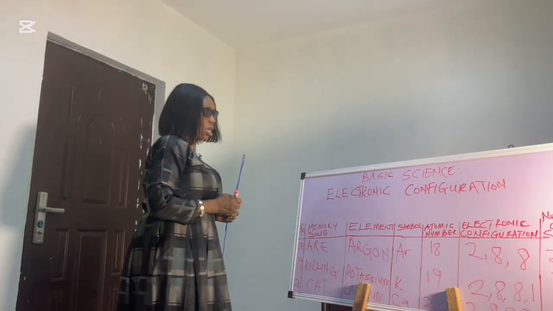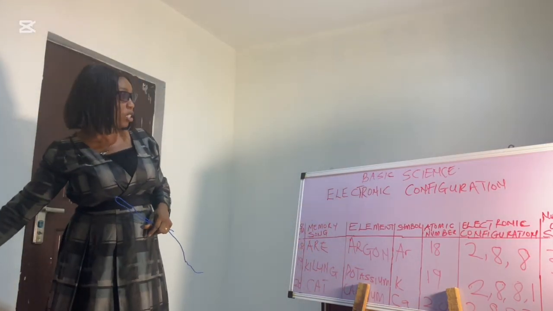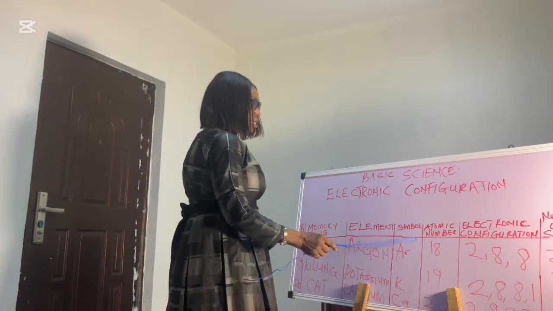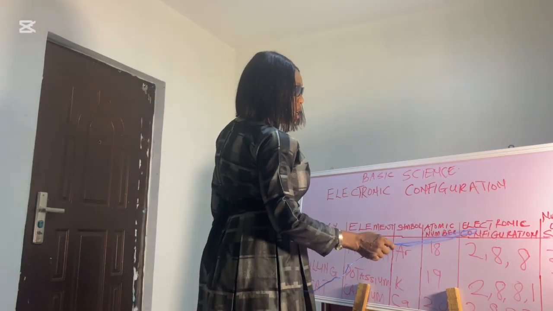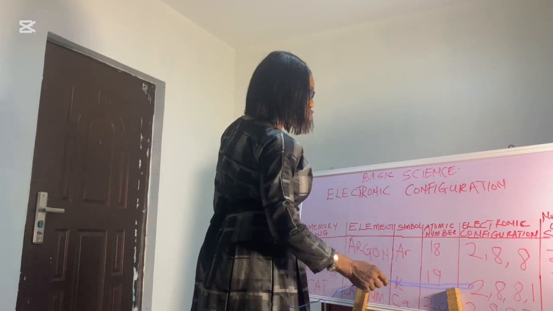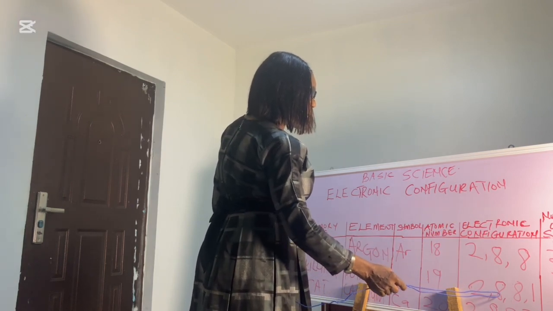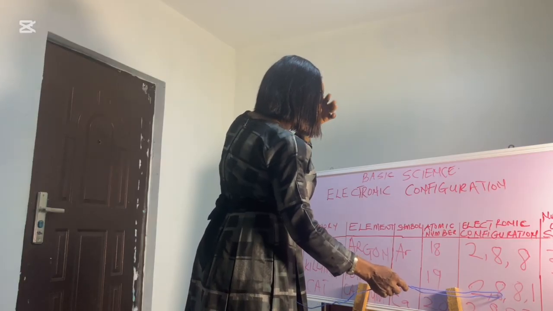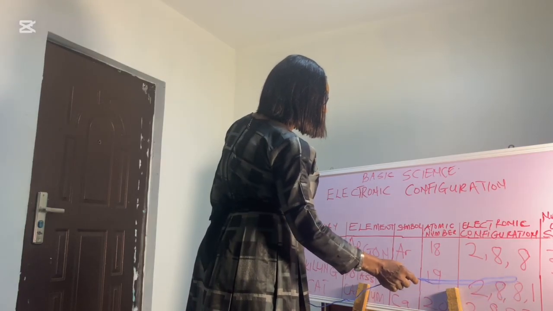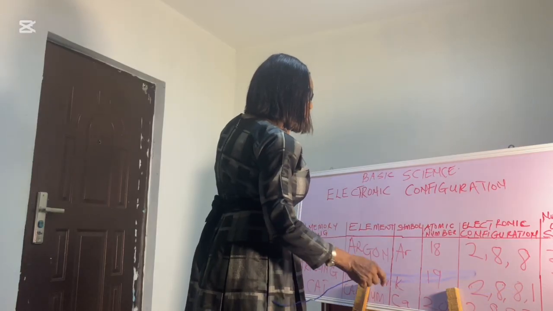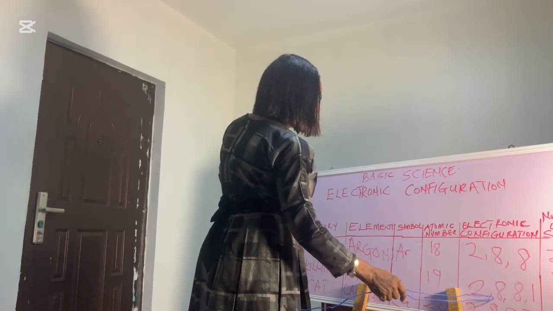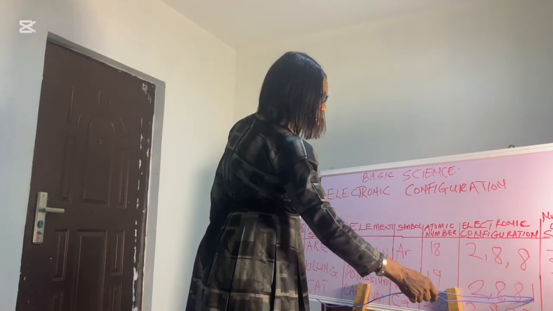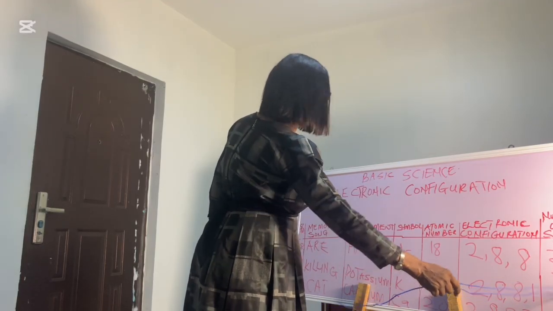So K is taken from the Latin name of potassium, Kalium, and it's number 19, meaning that it has atomic number 19. The electron number is going to be 2, followed by 8. The maximum number of electrons in the third shell is going to be 8. Then it remains 1, because 2 plus 8 is 10, 10 plus 8 is 18, then plus 1 is 19. So 1, 2, 3, 4 shells.